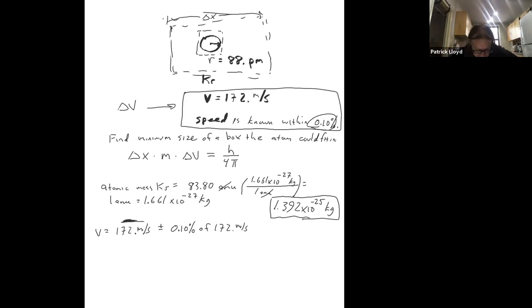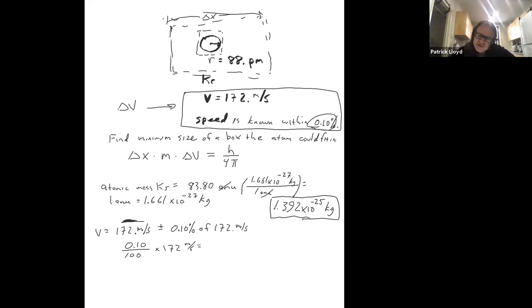So let's write it this way. How do we calculate 0.1% of 172? Well, that would be 0.1 over 100, since a percent is divided by 100, times 172, right?